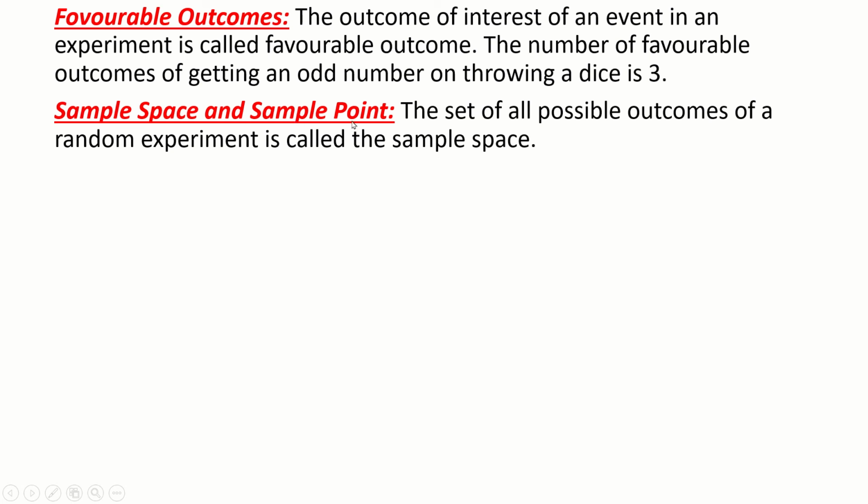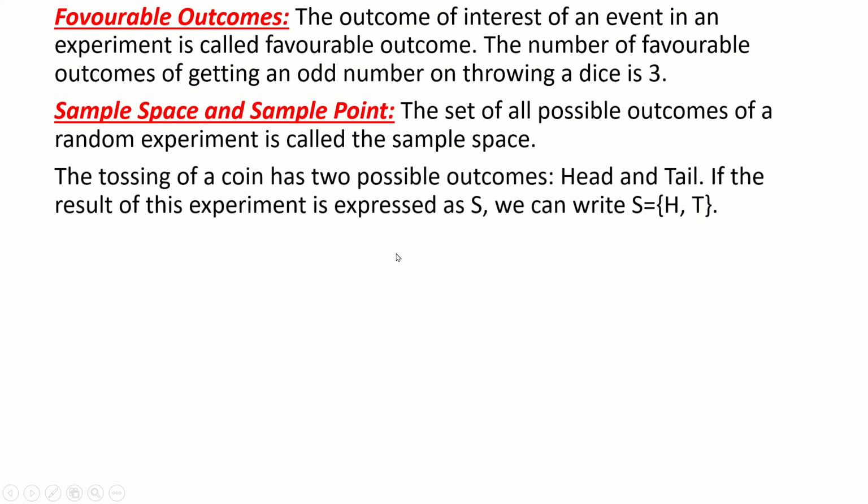Sample space and sample point. The set of all possible outcomes of a random experiment is called the sample space. Tossing a coin has 2 possible outcomes, head and tail.